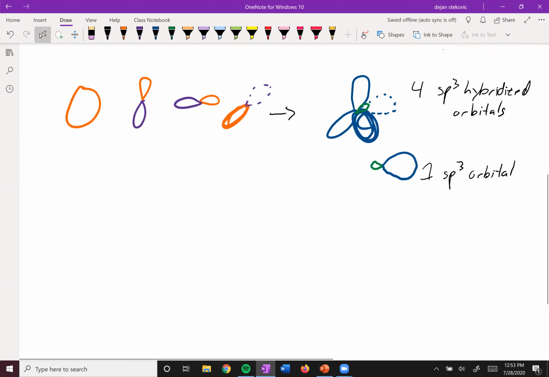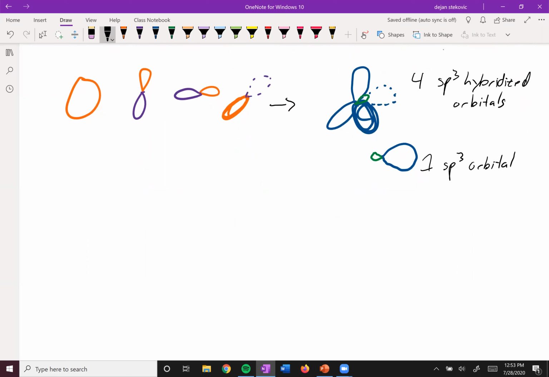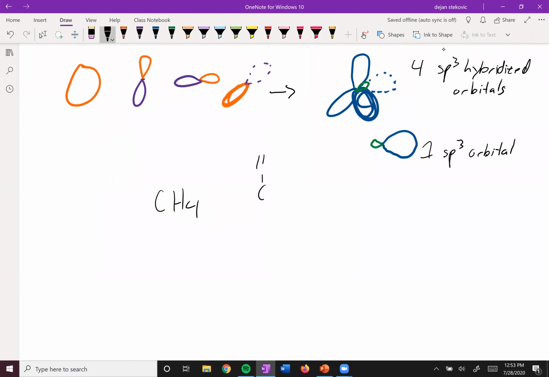Let's see how this occurs in the bonding of CH4. If we think about CH4, it's got four atoms attached to it: 1, 2, 3, 4. So this carbon will be sp3 hybridized.